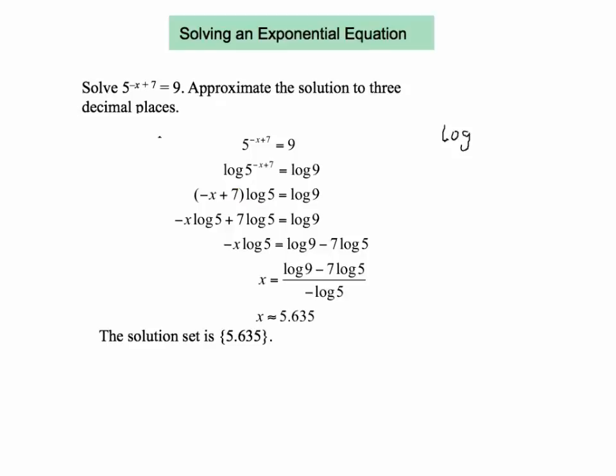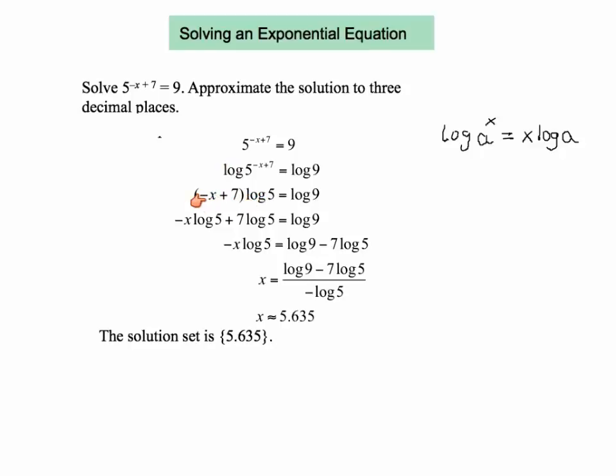We recall that log of a to the power of x is the same as x log of a. So this x right here can be moved right in front of the log. That's exactly what we're doing here. Once you take a log of both sides, these exponents can be moved right in front of the log.